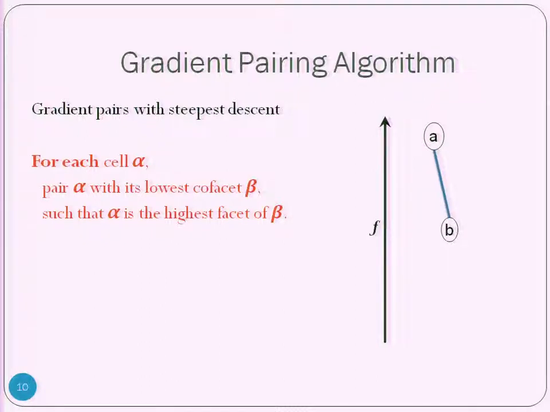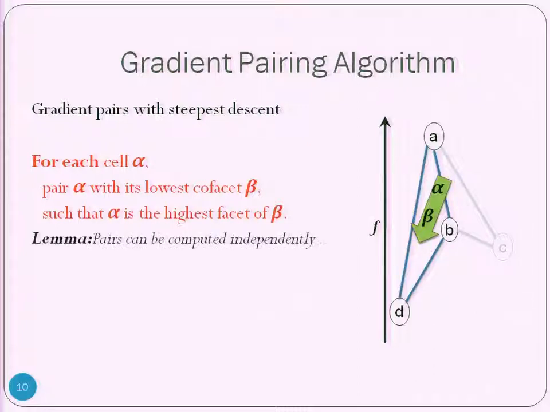If you take the edge AB, the algorithm works by first looking at the set of cofacets that are attached to AB, and then it picks the lowest cofacet. The key result that we proved is that this can in fact happen independently. That is to say, if we pick the pair AB and ABD, there would be no other cell that would pick ABD.